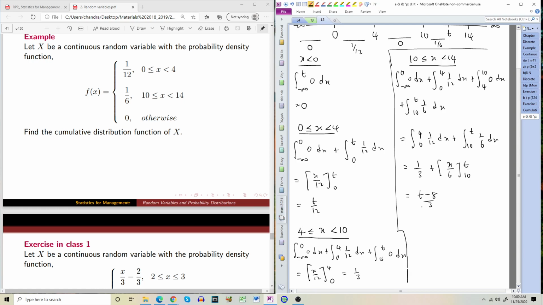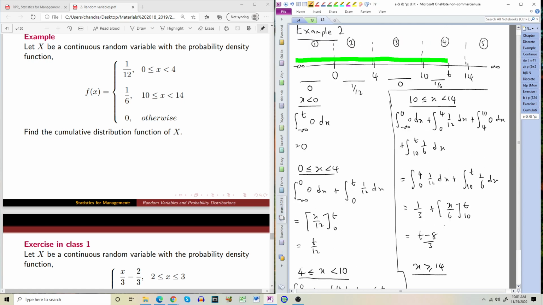The final one is x. Okay, I'm going to integrate from here to here.